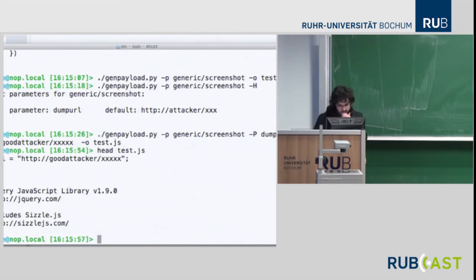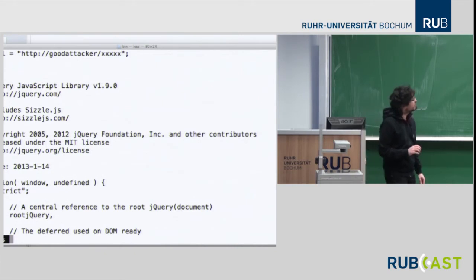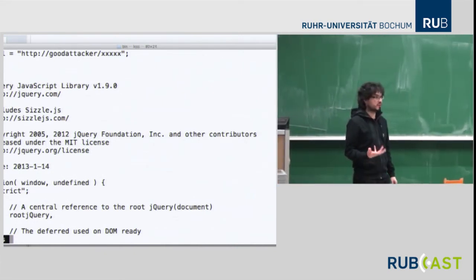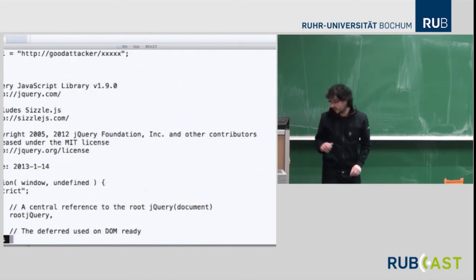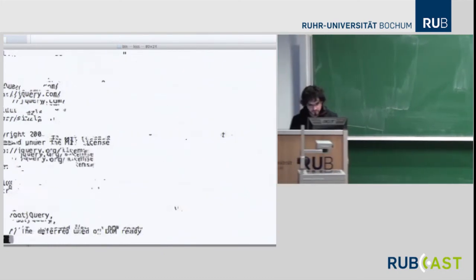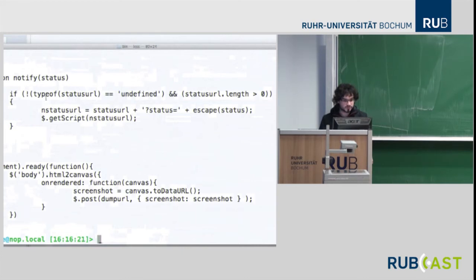And the payload looks like this. So this is the JavaScript payload, which is just one file which contains everything. The variables I put on the top might change later, but you have the variables there, and if you go to the bottom, then you get your payload over there.